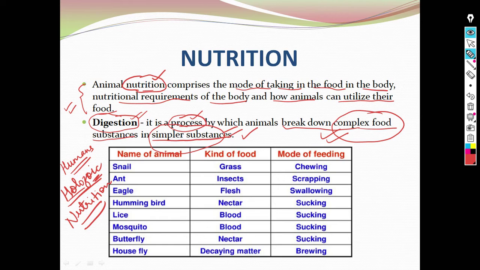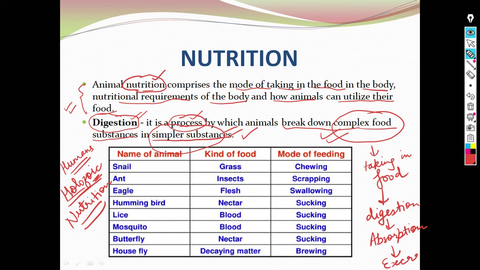First we take in food, then this food is digested in the body, and after the digestion the important nutrients are absorbed in the body, and after that the undigested part is excreted from the body. Because we are following this complete process, we call it holozoic nutrition.